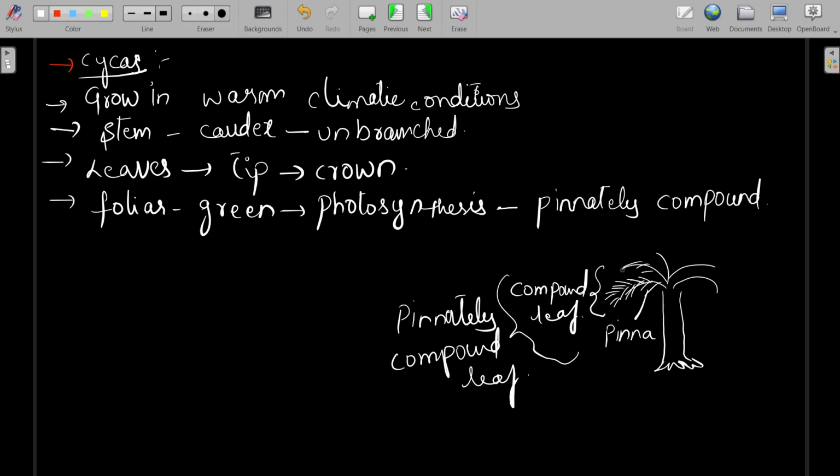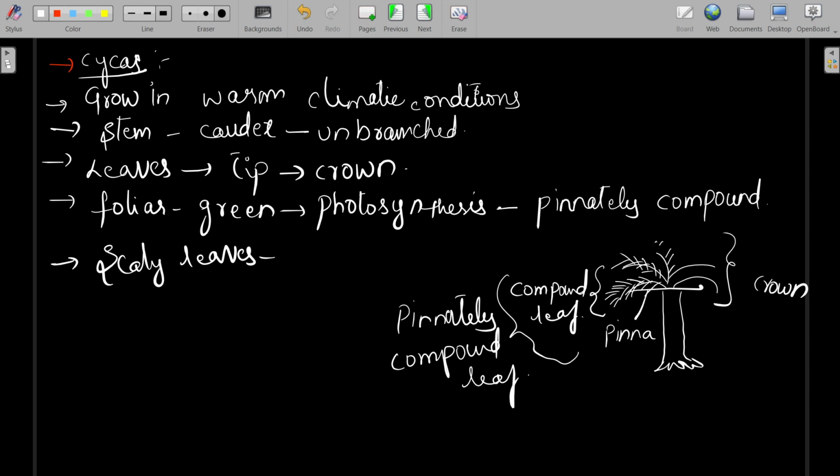You can see it like this. The arrangement of these leaves on the tip is called the crown. These scaly leaves are present on the stem.